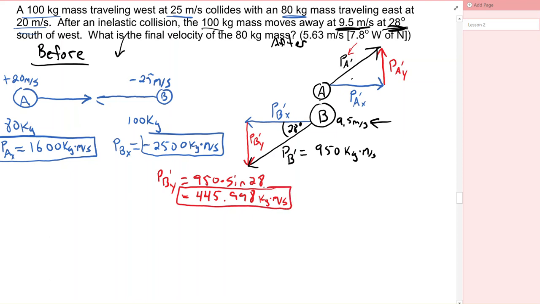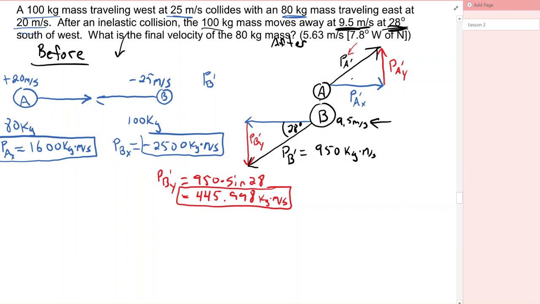Okay, and now I got to find the other part there, so hopefully I got enough room here. I'm going to do it in blue. Okay, and maybe I'll just erase that so I can write it up here. So now we're going to have momentum of B after, God, pen's being weird.